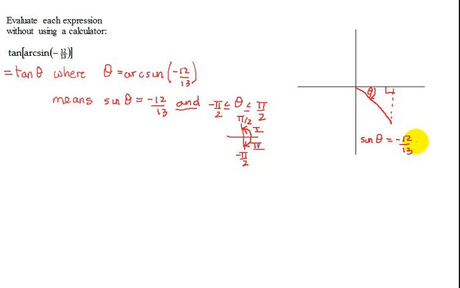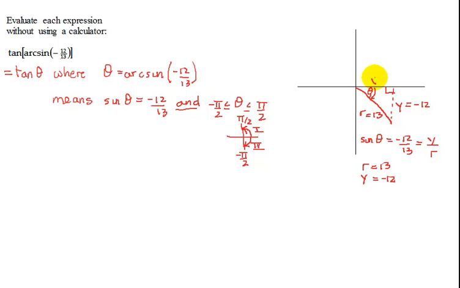And remember, what's the definition of the sine of theta in terms of x, y, and r? It's equal to y over r. So remember, r is always positive. r is going to have to equal 13, and y is going to have to equal negative 12. If I look on my picture, y is equal to negative 12, and r is equal to 13.